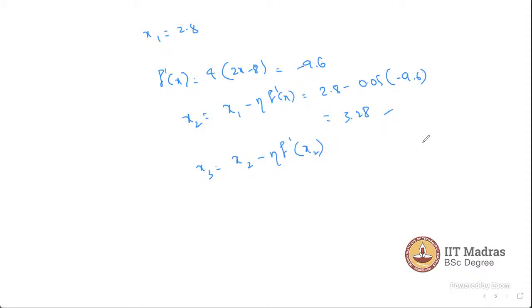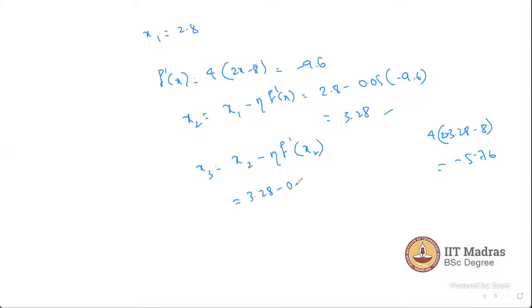Now f dash of x2 is 4 into (2 into 3.28 minus 8), which will be minus 5.76.